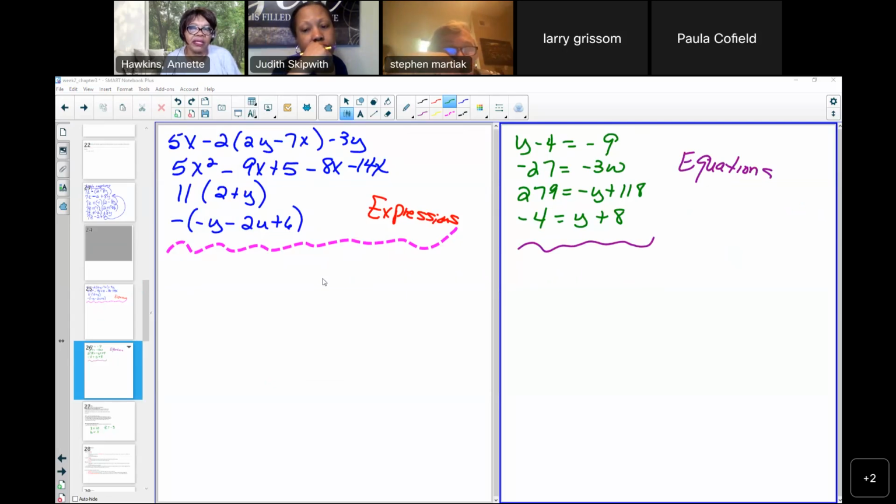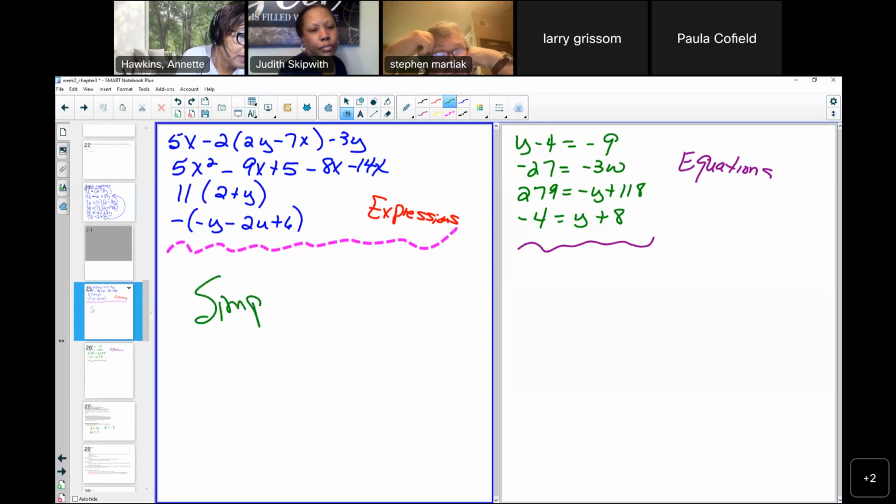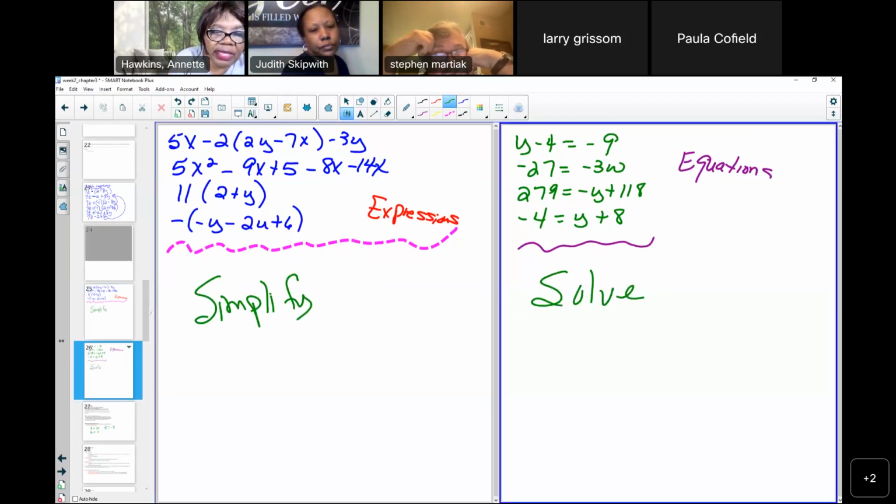This is an equation. Equations will have an equal sign, okay? These have equals. You don't see an equal over here, okay? So this is an expression. You simplify an expression, you solve an equation. Okay?